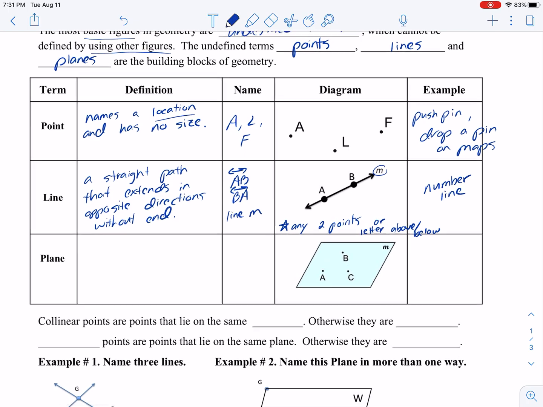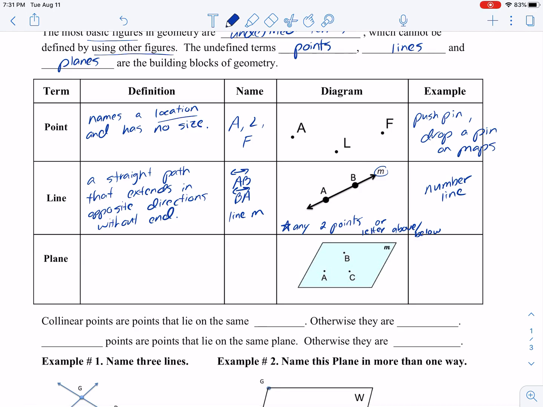A plane is a two-dimensional, 2D standing for two-dimensional, flat surface that extends in all directions, not just opposite directions, but all directions without end.